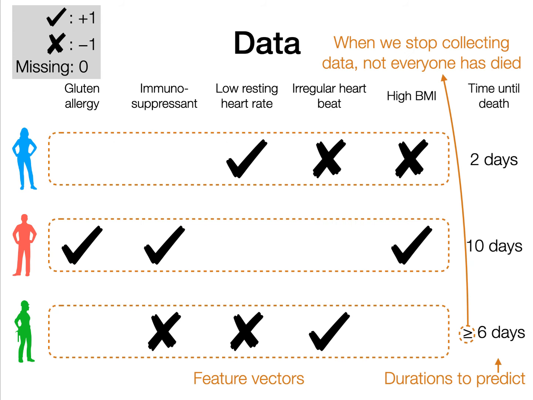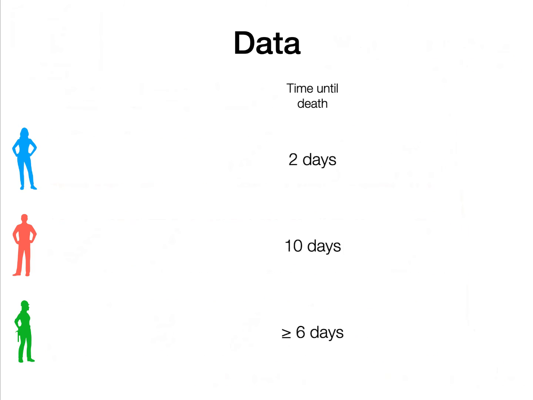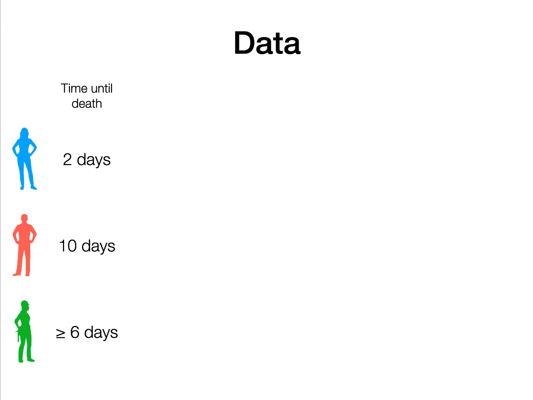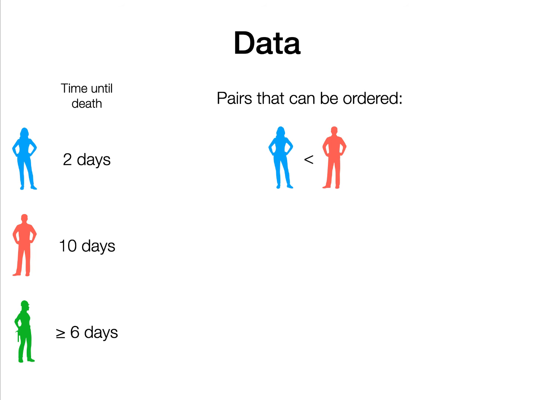So let's go back to the example I had many slides ago for this toy data set. For the blue, red, and green patients, you can see that I can order blue and red, okay? The blue patient has a time until death that's less than that of the red patient.